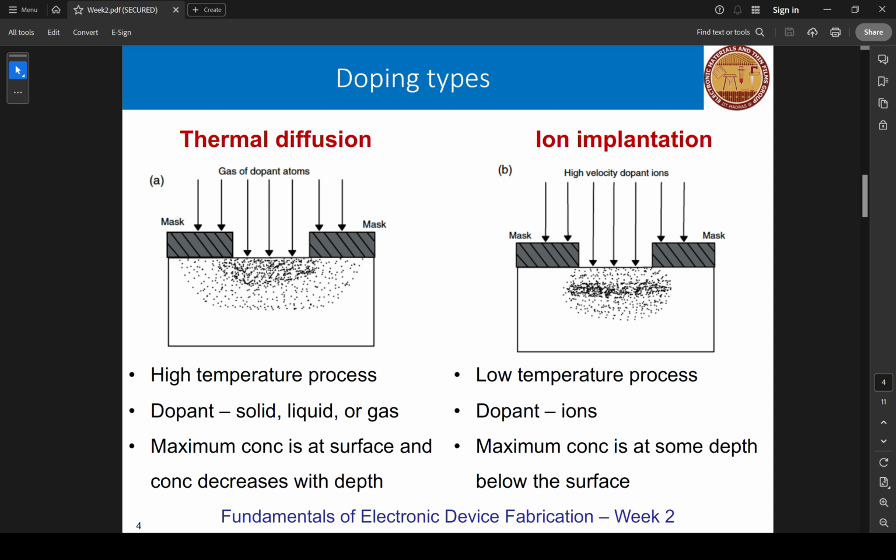The doping concentration is very less. Okay, sir, so it might not go to that extent. You're not replacing 50% of your silicon atoms with boron. Okay, okay.